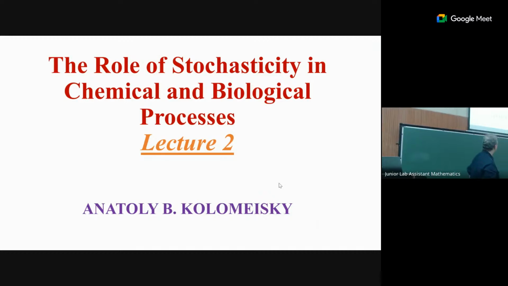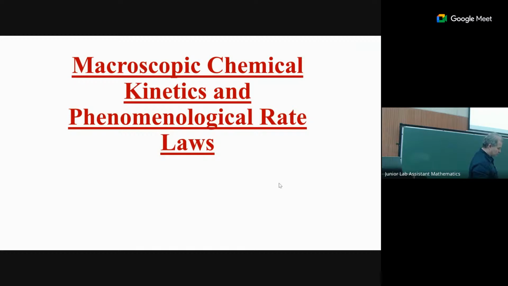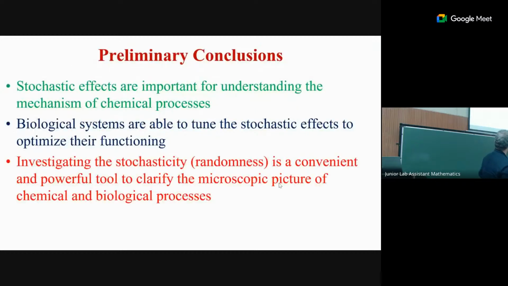Okay, so we're continuing our lectures on stochasticity in chemical and biological processes, and right now we will talk about some chemical kinetics, macroscopic chemical kinetics, and some phenomenological ratios. This is a slide from a previous lecture. We learned that stochastic effects are important for understanding chemical processes. Remember, I talked about the chemical reaction rates being random.